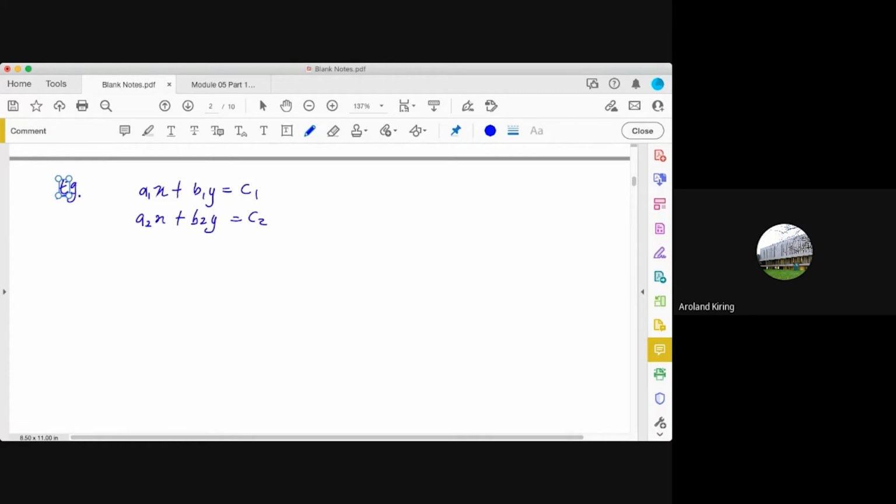Generally there are three types of solution. The first is what we call no solution. Whatever value you put into your x and y, it doesn't result in C1, so we say we don't have any solution.